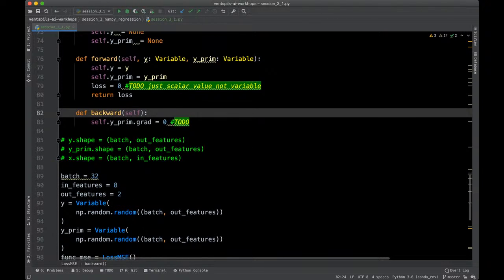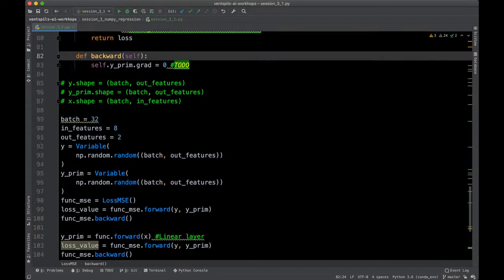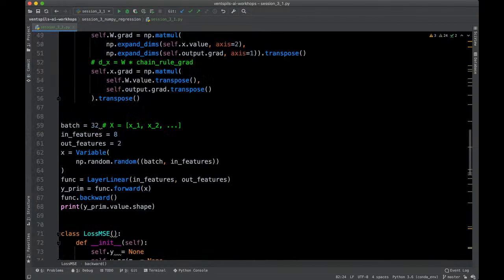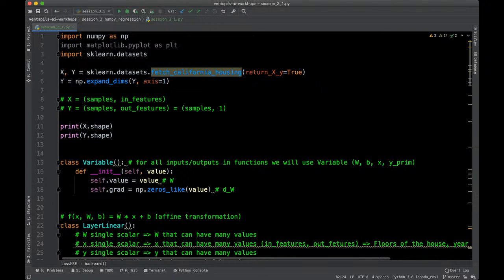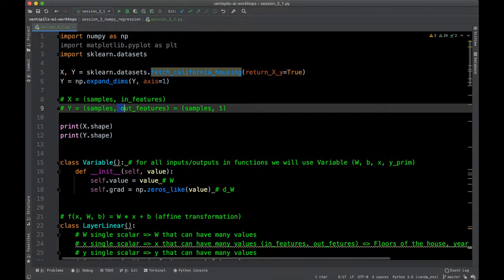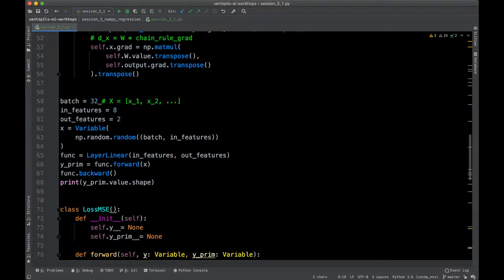So maybe let's extend the task a little bit. So the mean square error part, right? What else do you have here? You have actually the dataset here, in features, out features, and then you don't have a model yet. Okay, cool.